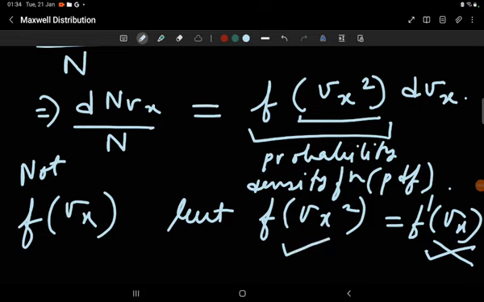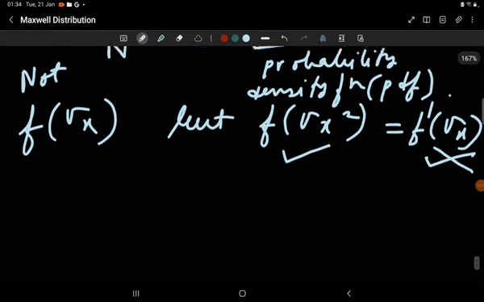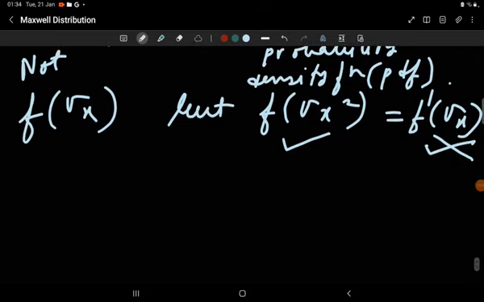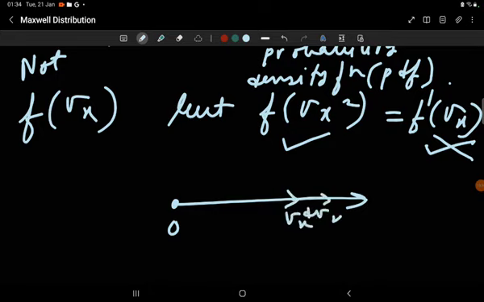This question may be answered like this: Vx is a velocity, and there is an equal chance that a molecule may lie in the range. Let's say this is our origin and this is our velocity. If it is traveling with Vx and this small distance is dVx, we are looking for all the molecules with a velocity between Vx and Vx plus dVx, in this region AB.